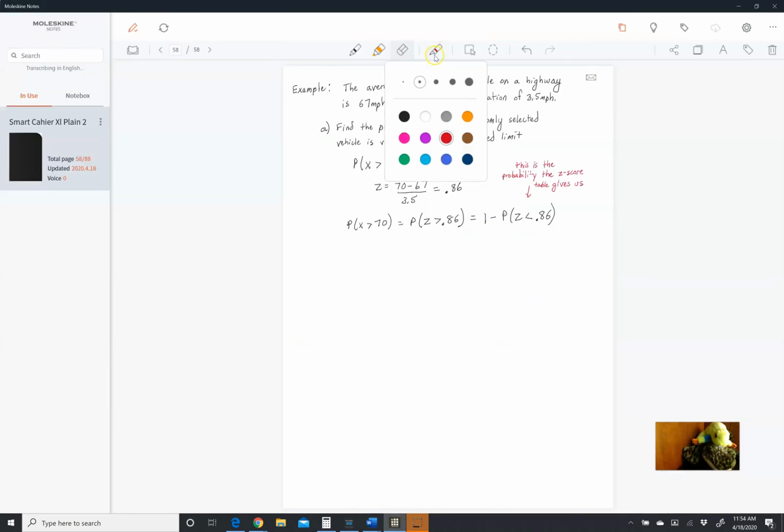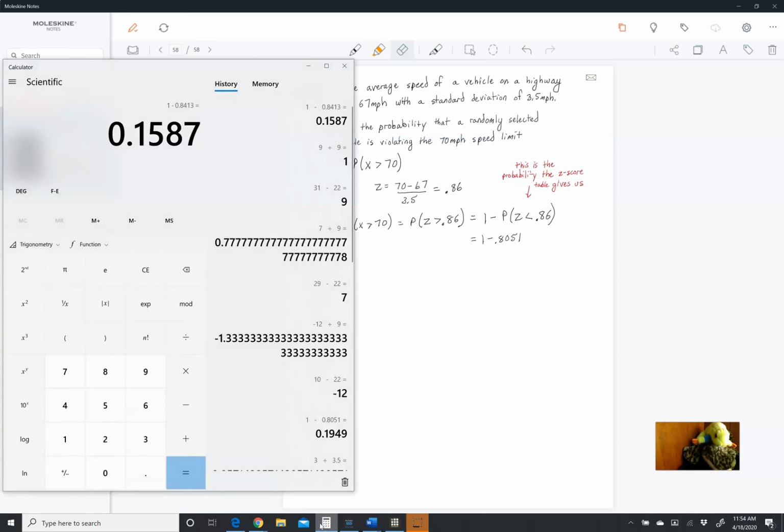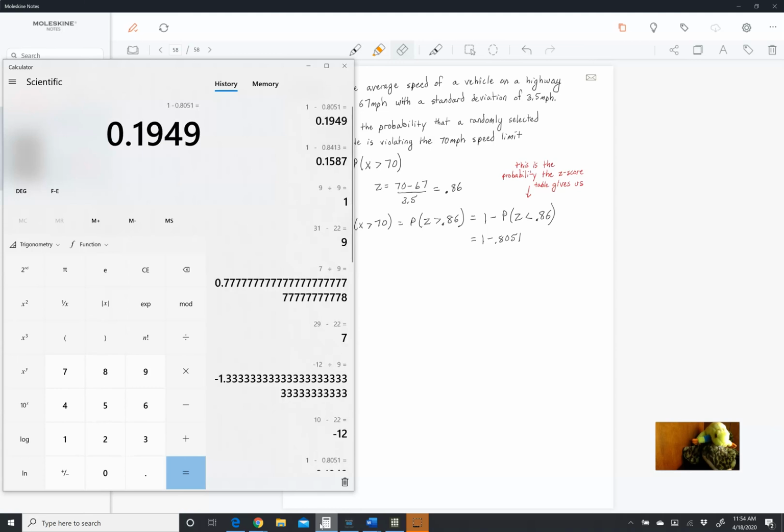We're saying it's 1 minus 0.8051, and we get 0.1949.